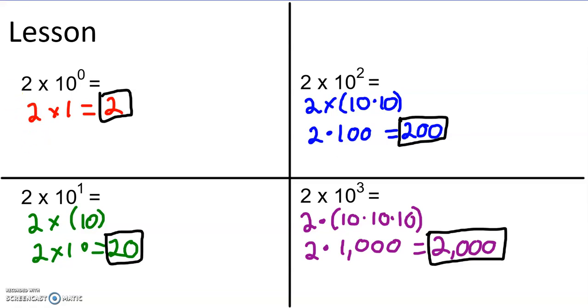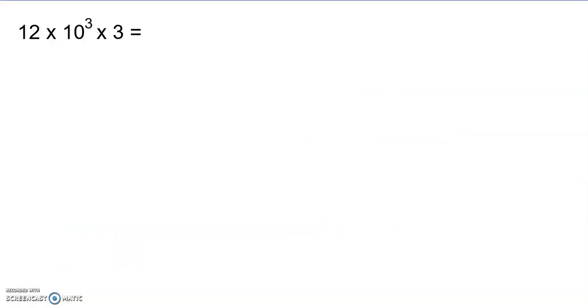Now that we have this recorded in our notebooks, let's try a tougher problem, okay? Because most of our problems are not going to be this easy. So I'm going to take it just a tad bit harder and give us one where we have 3 different factors. So we have 3 different factors here, the 12, the 10 to the third power, or 10 cubed, and the 3.